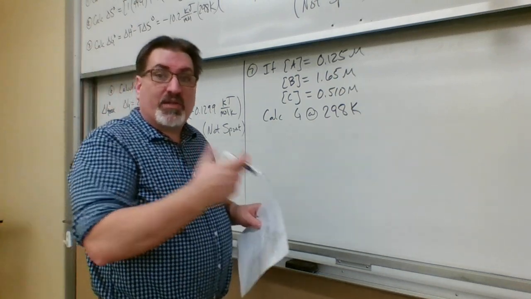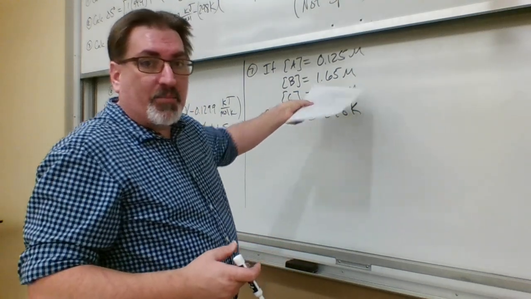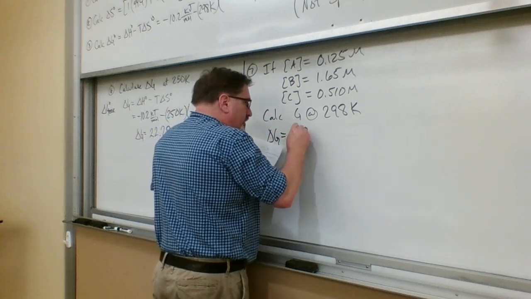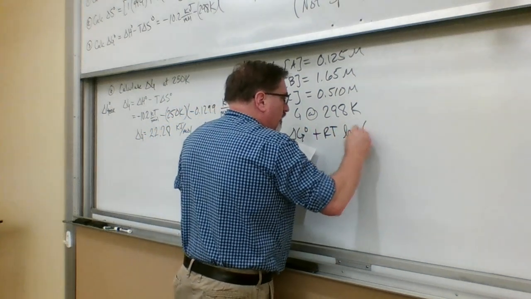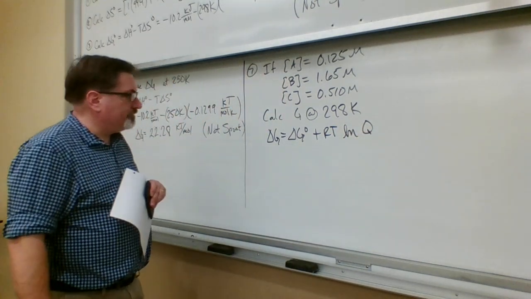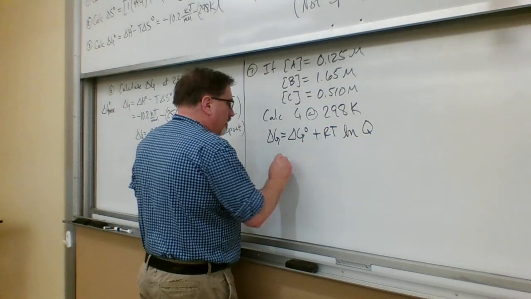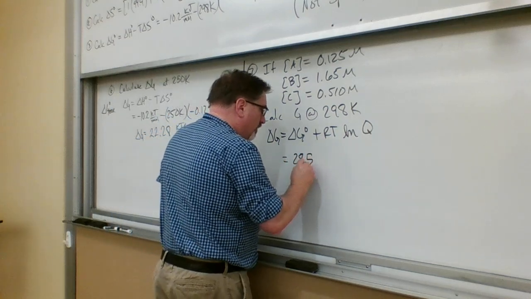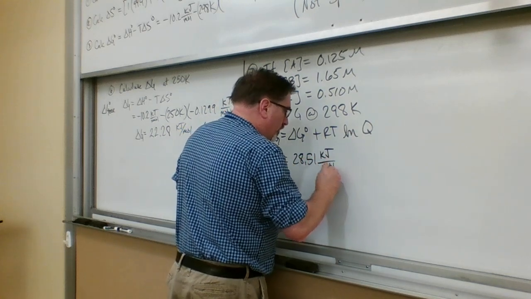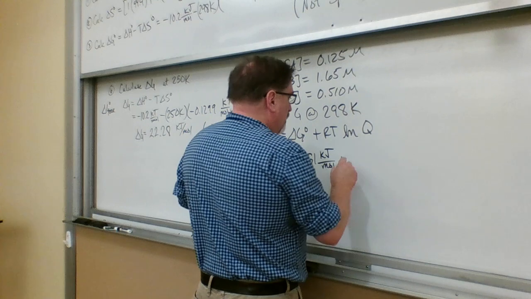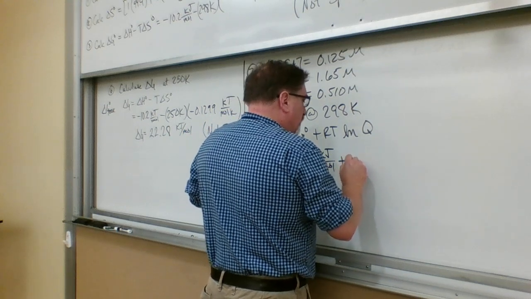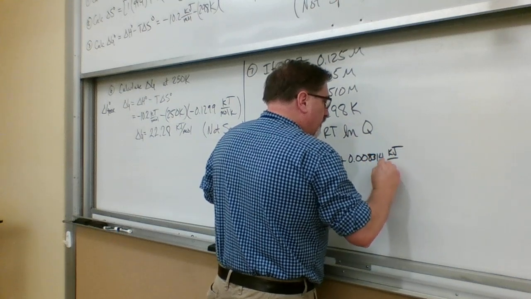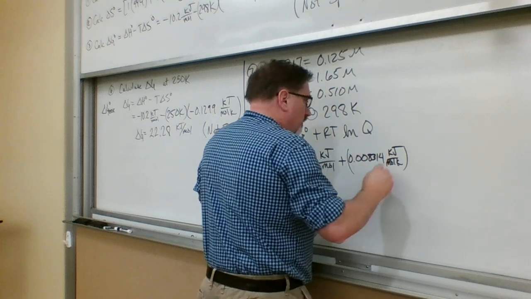This is the G equation with Q in it, because these are the possibly non-equilibrium concentrations. So delta G equals delta G0 plus RT times the natural log of Q. So delta G0, that was 28.51, plus R, which was 0.008314 kilojoules per mole Kelvin, times our temperature.